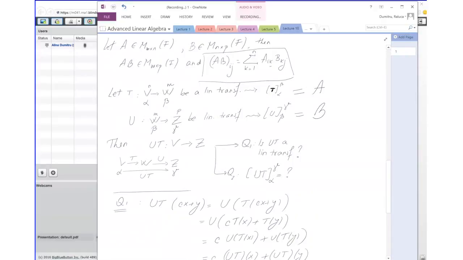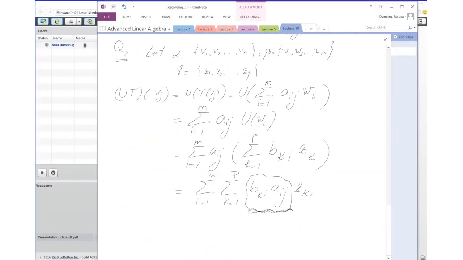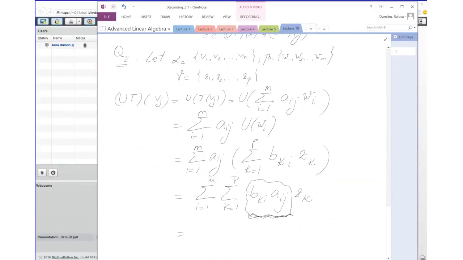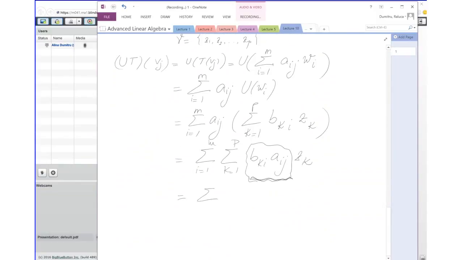All right, so the sum is over this index that is in the middle, Aik, Bkj, so I'll go back here. I want to sum over i, so I'll switch the two sums. And now this sum represents the kj entry of this product.